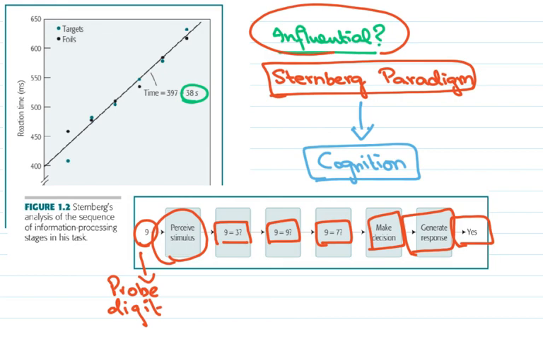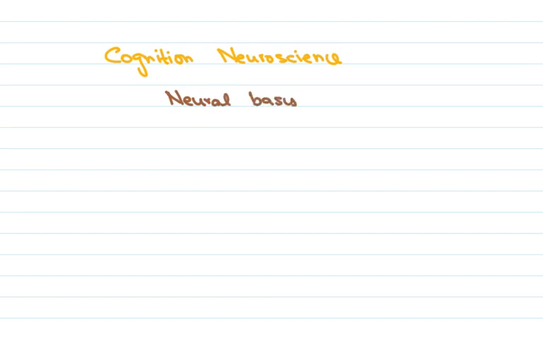Then obviously we also have cognitive neuroscience, which is something that we've touched on earlier as well, that you have all of these different imaging techniques, all of this new technology that really is helping us understand the neural basis of human cognition, right? Or how exactly cognition is realized in the brain.